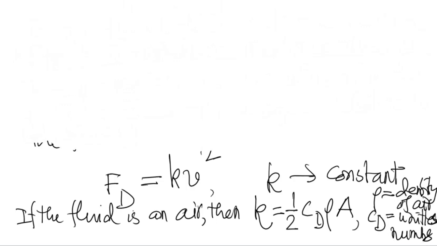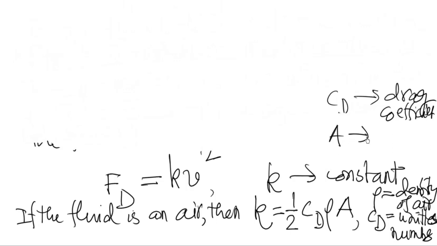CD is a unitless number known as drag coefficient. And rho is the density of air, and capital A is the cross-sectional area of the object as seen along its line of motion.